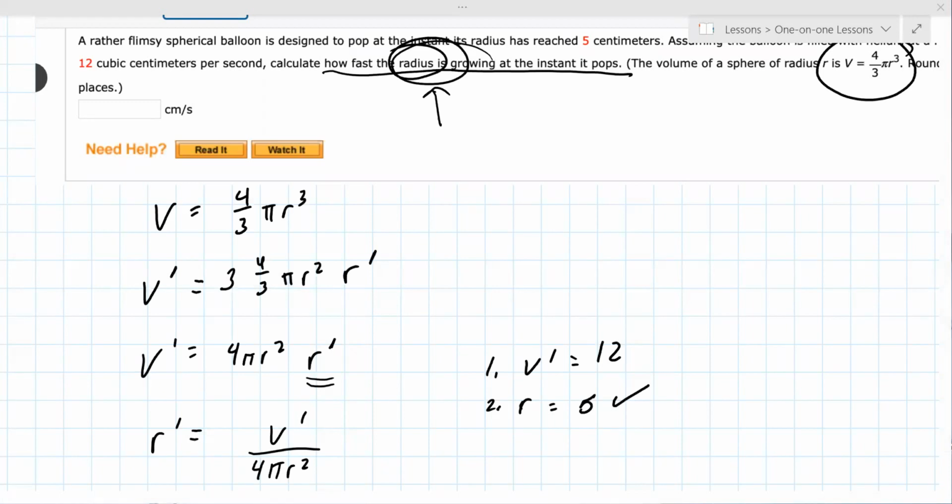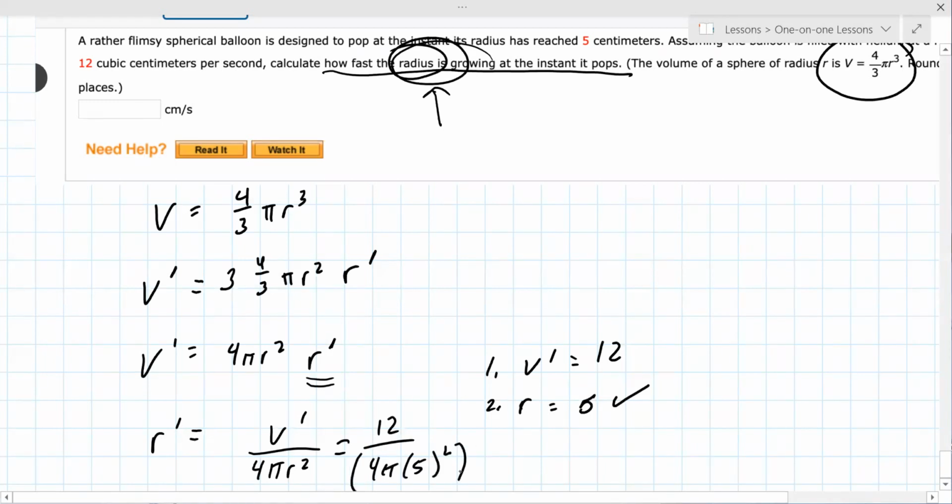Then plug them in. So I'll do that as well. Okay. Let me get to where I can do that for you as well. So that's 12 over, and this one, I guess you have to be a little careful to make sure you have parentheses in the bottom.